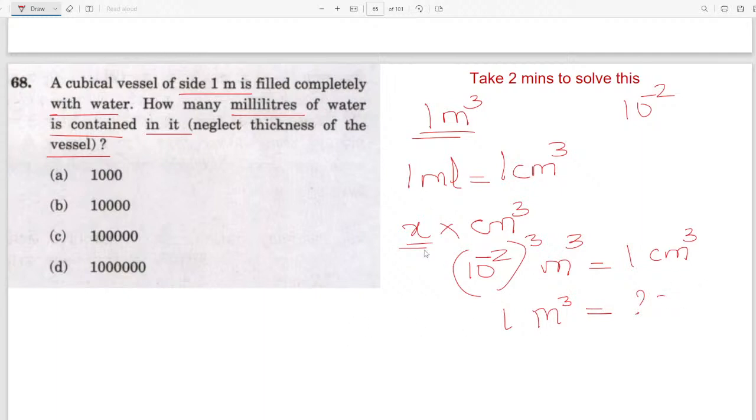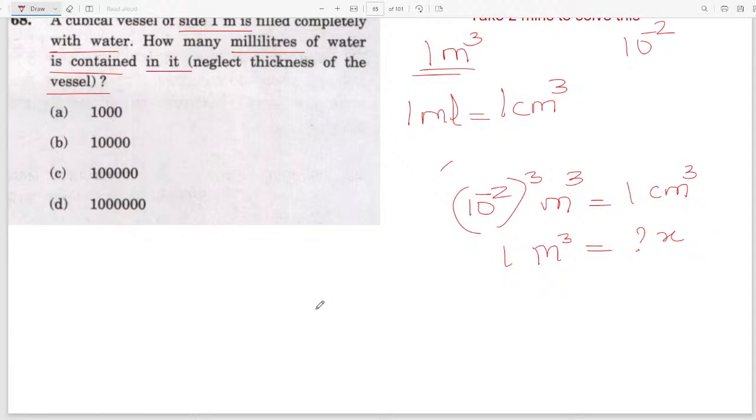If I put it as x here, this would be x into 10 raised to minus 2 to the power of 3 is equal to this one, 1 into 1, and x is equal to 1 divided by 10 raised to minus 2, the whole cube.